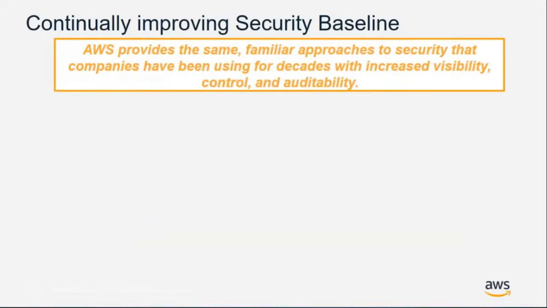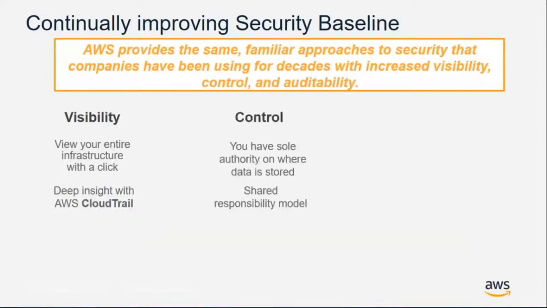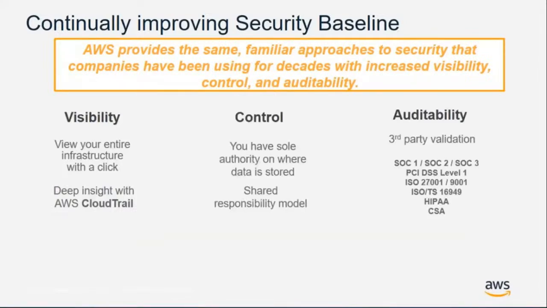So AWS is continuously improving security. AWS provides the same familiar approaches to security that companies have been using for decades, with increasing visibility, control, and auditability. The key areas I want to cover here are visibility, control, and auditability. Visibility means AWS provides us the ability to look into our infrastructure in a transparent manner.